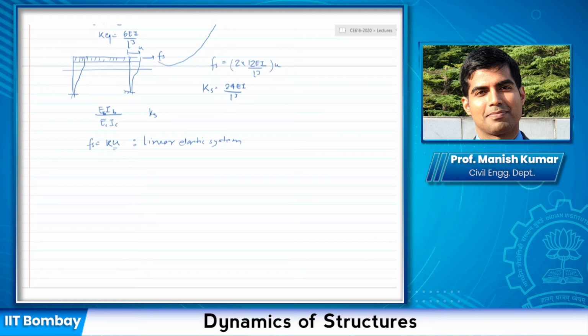Yield if it's steel or other metal, fail if it's concrete or something like that. So behavior is not exactly linear. Although I'm considering this representation here, in reality, behavior could be non-linear.